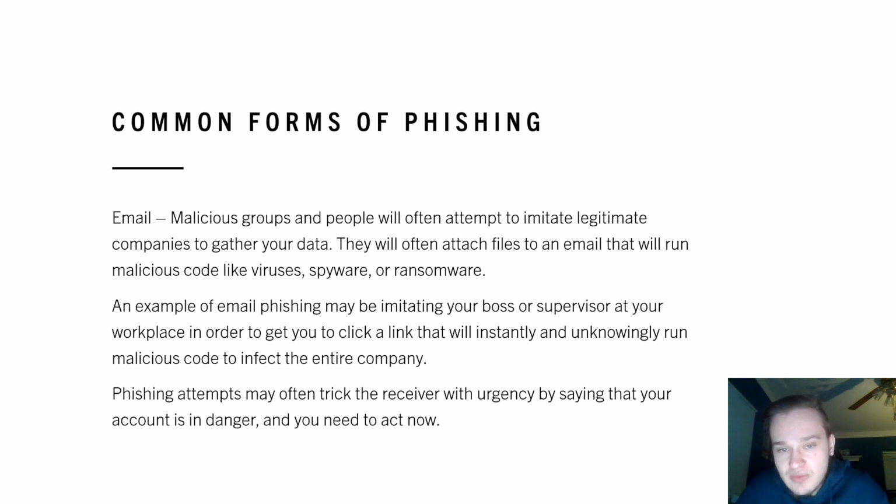You'll click a link and be redirected to a website that looks exactly like Microsoft, but it's actually not Microsoft. They just want you to enter your password into that website, so they have your password. This is one of the common things they do with phishing, is trick with urgency. So obviously you're like, wow, I need to get on to Microsoft instantly and change my password. So they'll have you sign into this fake website, and now they have your password.